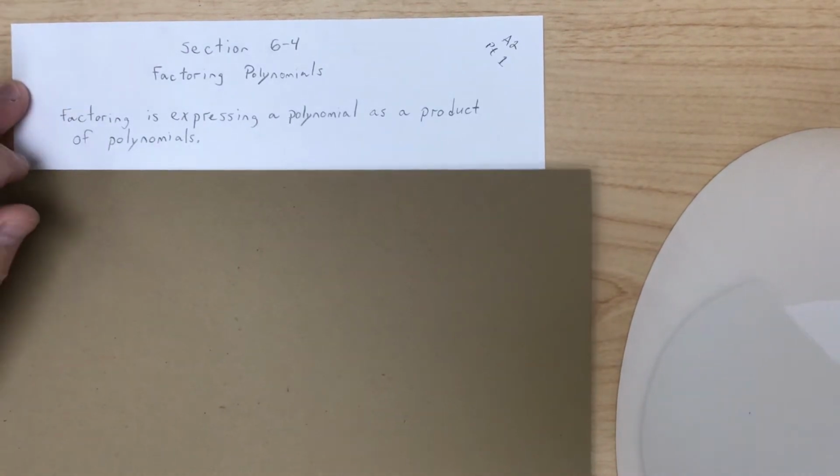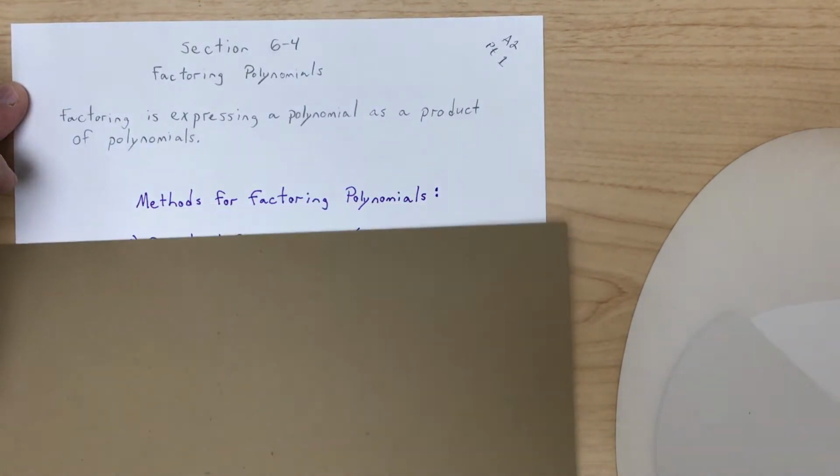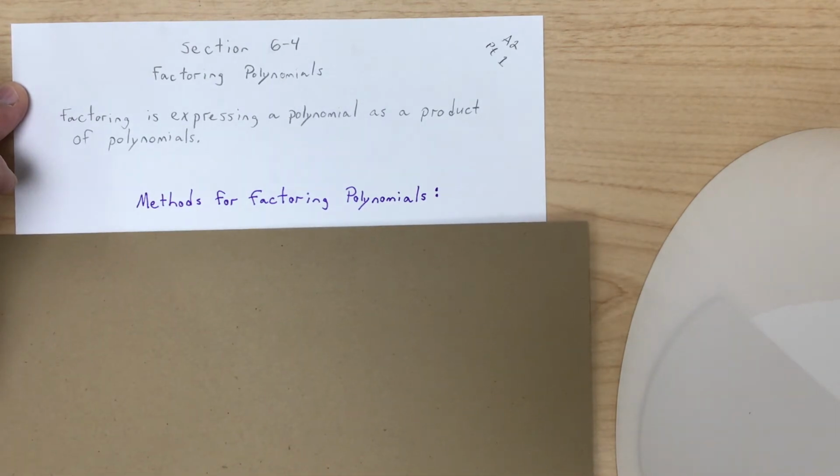So again, that's the stuff that we did before, but now we're just going to focus mostly on factoring. Now, the thing I want to talk about in this video is that there are different methods and different techniques for factoring a polynomial, and it all depends on how many terms you have in your polynomial. For our class, we're going to be focusing on binomials, which means 2-term polynomials, trinomials, which have 3 terms, quadrinomials, which have 4 terms, and maybe we might run across some problems that have 5 or 6 terms.